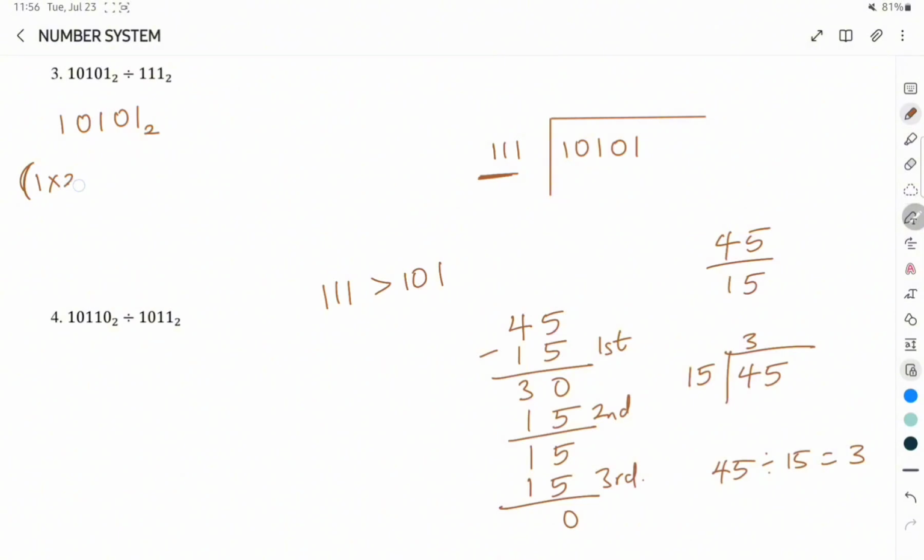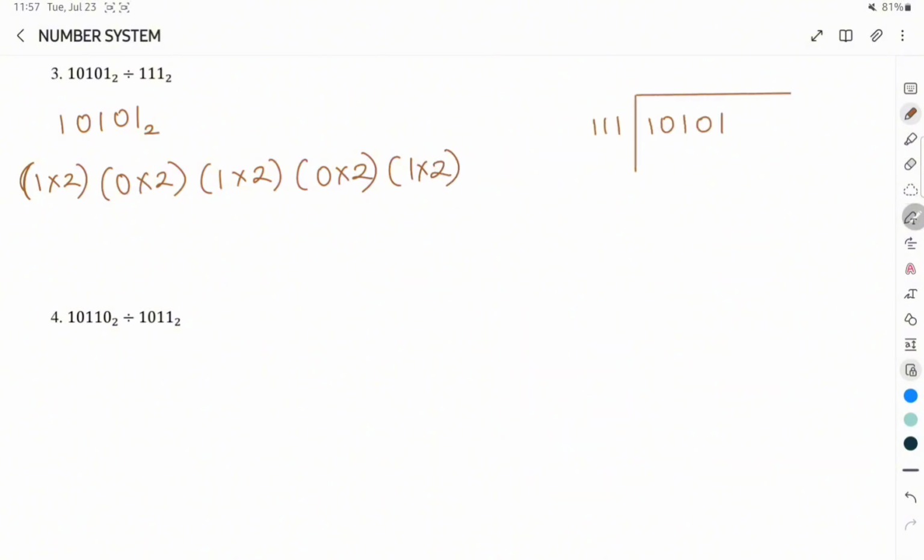So 1 times 2, then 0 times 2, then 1 times 2, 0 times 2, and lastly 1 times 2. After which I will put a plus sign in between the brackets. Now it's time to put an index on each of the bases starting from 0: 0, 1, 2, 3, 4.